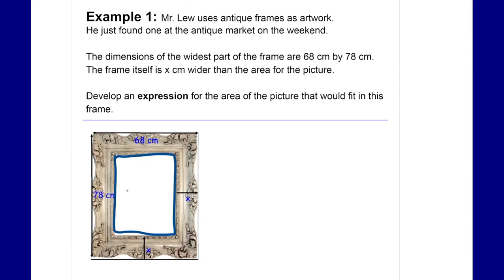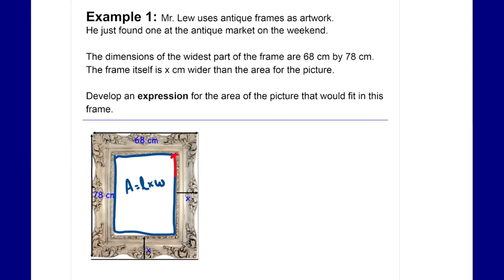So it is a rectangle, so I need to do the area is equal to length times width. So I need to somehow represent the length and the width for this inside figure. I know the overall dimensions, 68 by 78, and I know that whatever the width of the frame is, we'll consider it X. So how could I use that to help me come up with my dimensions?